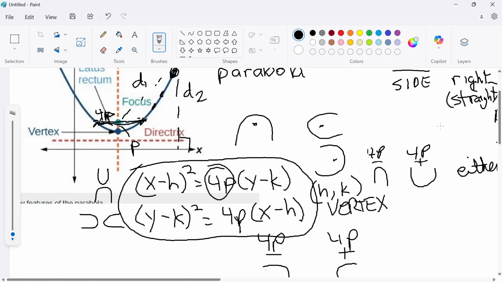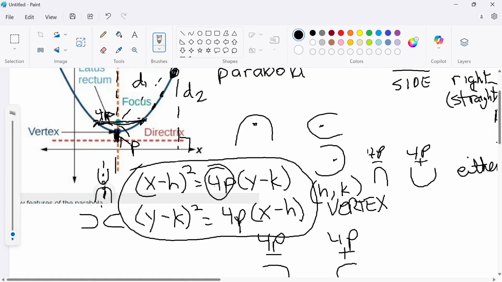How far from the vertex is the directrix? That's also p. So p is also the distance from the directrix to the vertex via this perpendicular line to the directrix. And this line, by the way, through the vertex is called the line of symmetry. If that line of symmetry is vertical, it goes through the vertex and the focus.